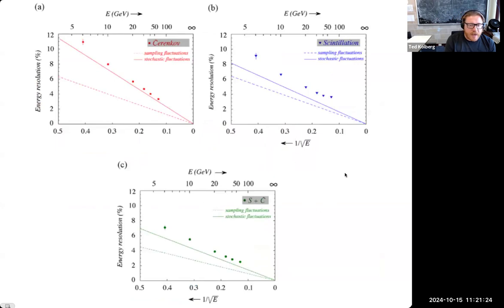Here's an example of that compensation using two types of active media in action. So these are test beam data from this DREAM calorimeter, DREAM dual readout.